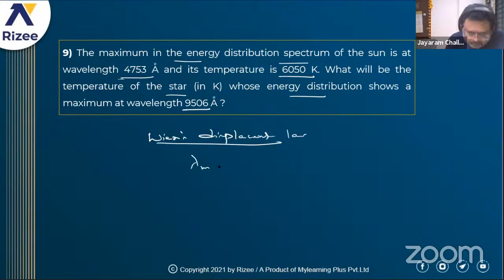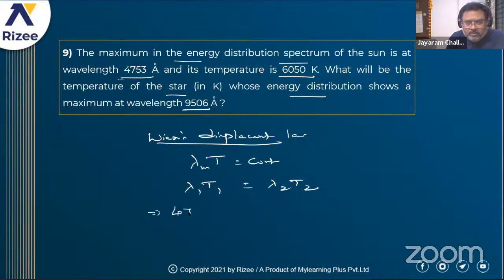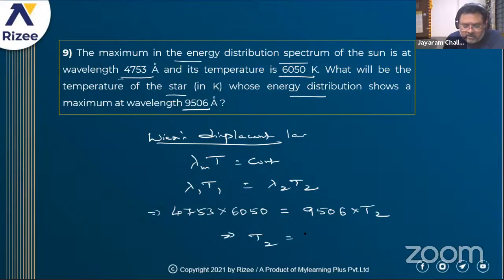Lambda maximum into temperature is equal to a constant, or from this, lambda 1 T1 is equal to lambda 2 T2. For the sun, this will be 4,753 angstroms into 6050 Kelvin is equal to lambda 2, 9,506 angstroms, into T2.